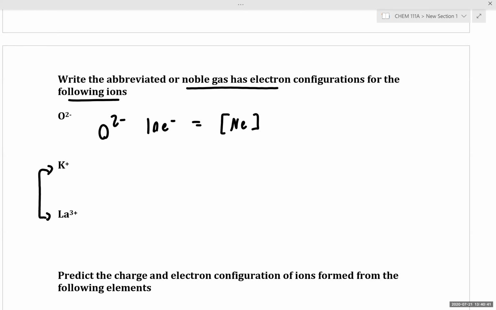Don't be shy to message me in the chat with your proposed responses for the noble gas configuration for the following two ions.